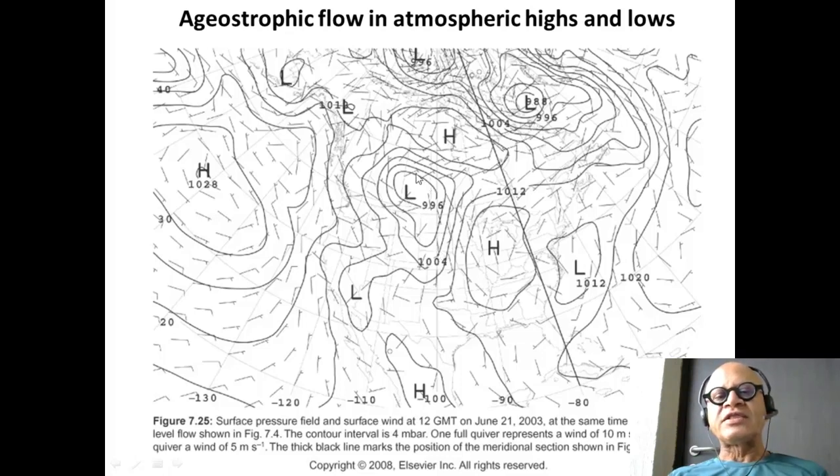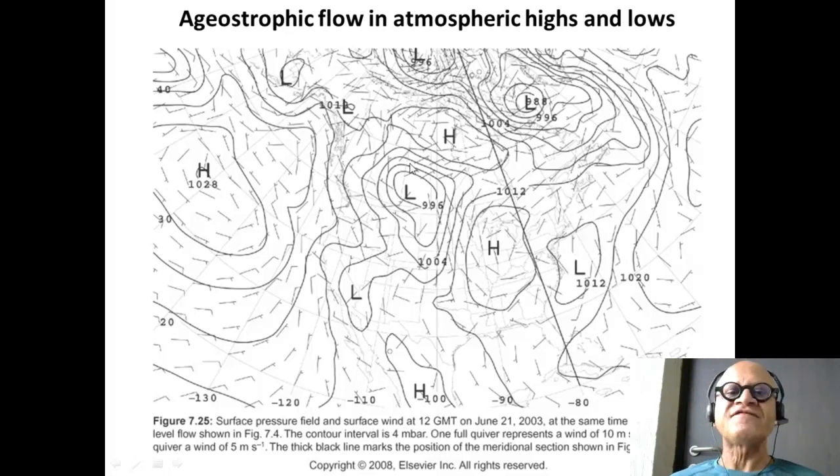And obviously you get cyclonic circulation or counterclockwise circulation around a low in the northern hemisphere where we are, and a clockwise flow around a high, as we have already seen many times before. But you can see that the flow is generally crossing the pressure lines in many places.